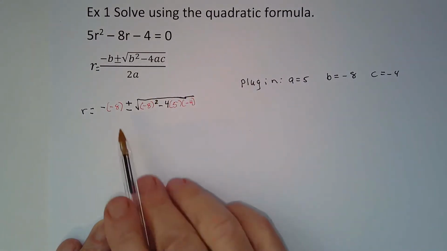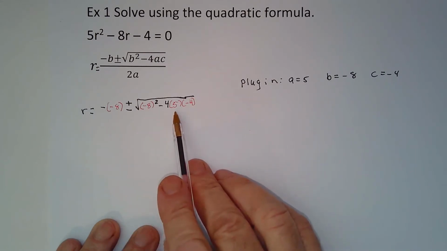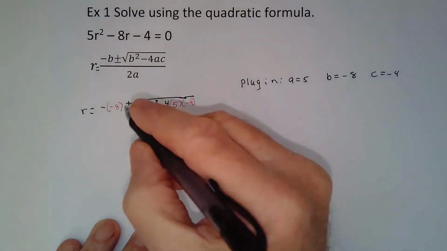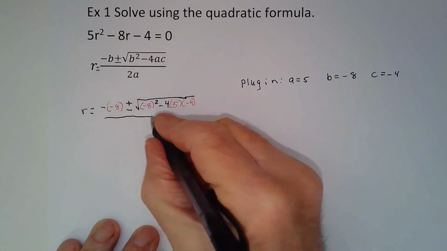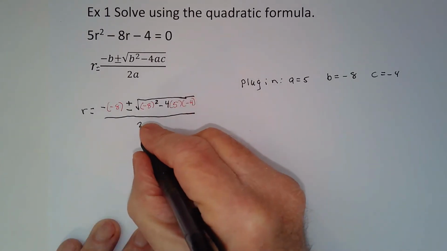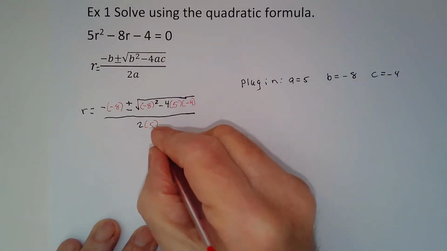Okay, so I've got -8 for b, positive 5 for a, and c is -4. And that's all divided by 2a. And of course we said again a is 5, so 2 times 5. Okay.